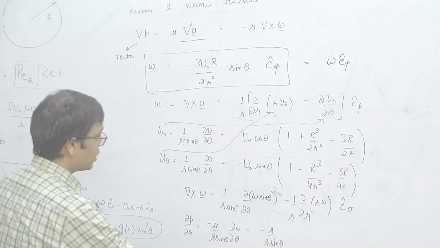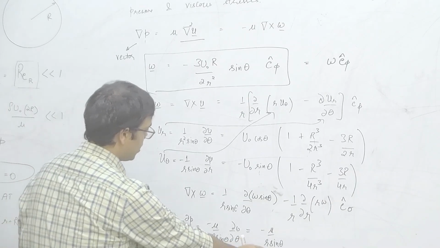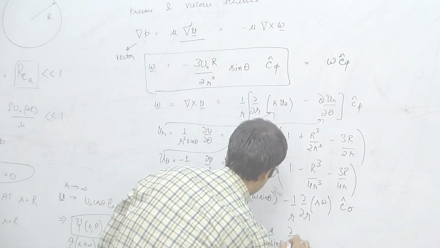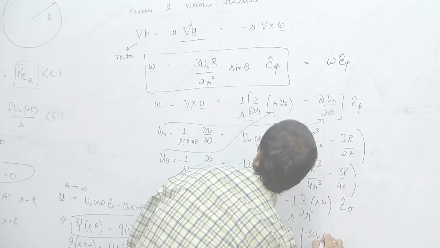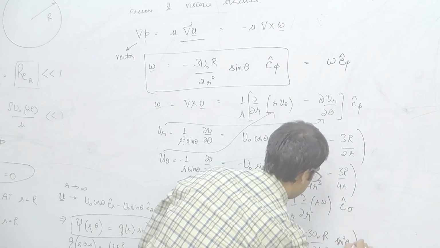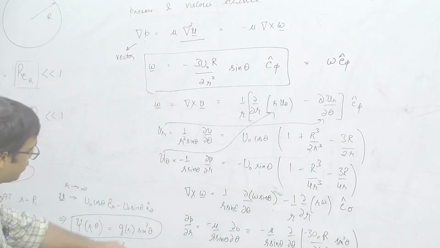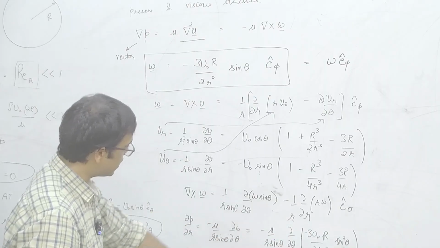Okay, is there a question? So minus mu by r sin theta del by del theta of minus 3 u naught capital R by 2 r square sin square theta. What will we get when we differentiate this? We'll get a 2 sin theta cos theta, sin theta cancels out.